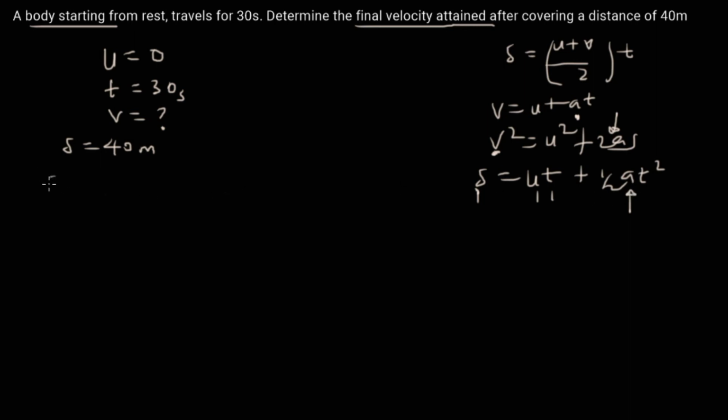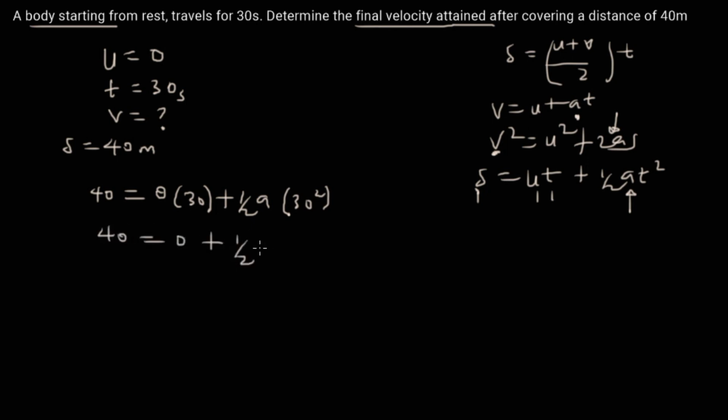So s, which is 40, is equal to u, which is 0, multiplied by t, which is 30, plus half a, and then t squared, that is 30 squared, and of course that is 40 equal to 0 plus half a. 30 squared is 900.